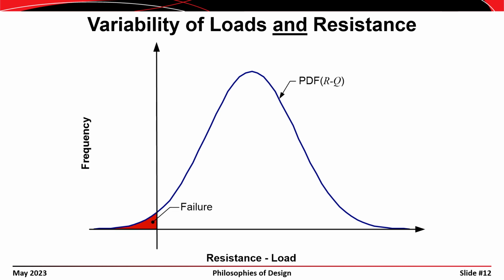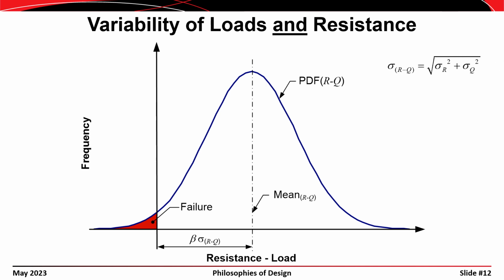So if we look at some of the statistics associated with this curve, we have the mean value that goes through the peak of the curve, and we can define some quantities down here on the axis. The value sigma is the standard deviation of the data that we have, R minus Q. And then the value beta is referred to as a reliability index. So we can calculate sigma, the standard deviation of our data, and then we can set beta so that that's the number of standard deviations of the mean away from the vertical axis.